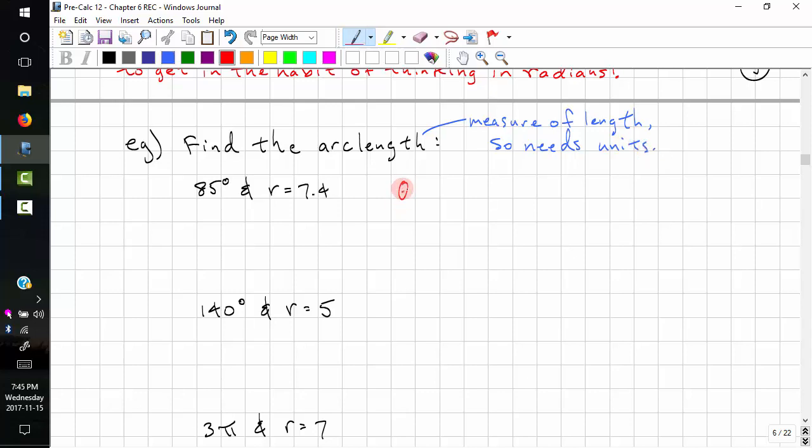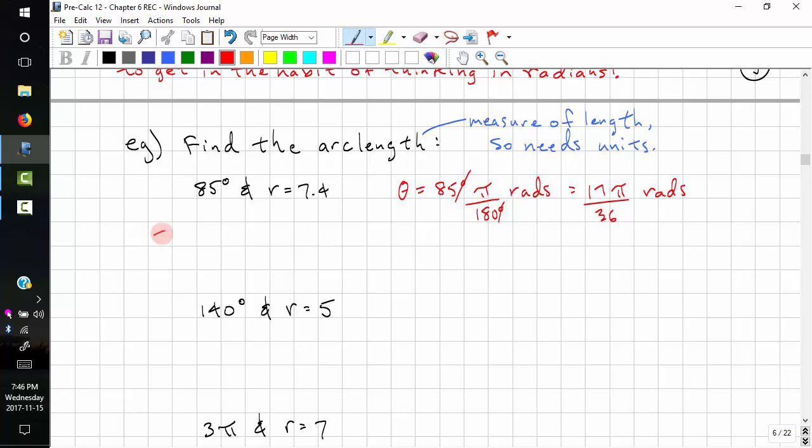Again, we'll convert at the start. 85 degrees times pi over 180 degrees radians. When you're starting off, put the degrees so you'll know that you've got the right formula, because the degrees should cancel out. This reduces to 17 pi over 36 radians.